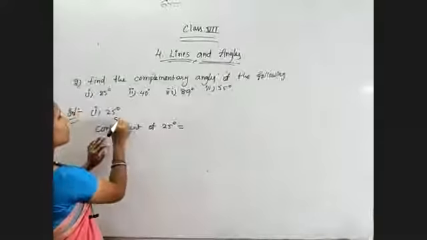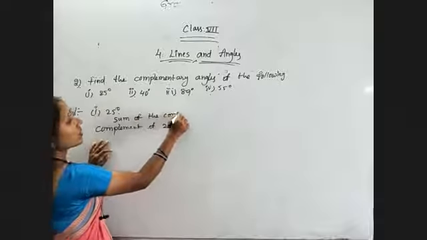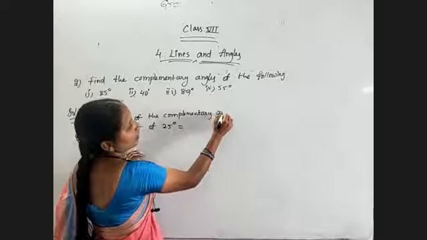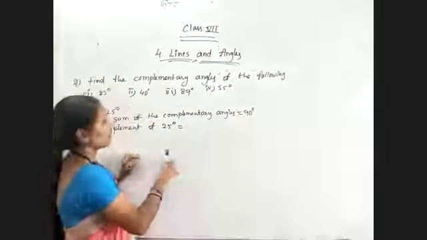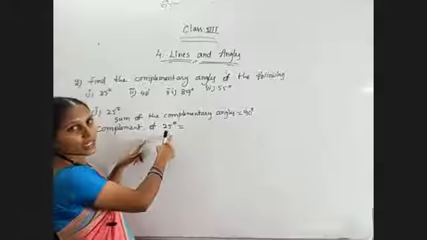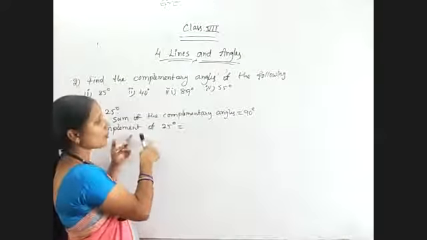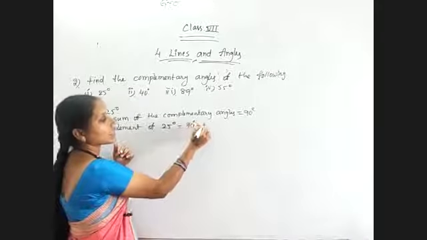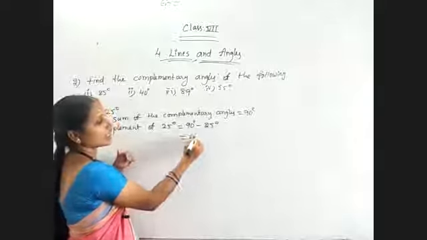You know that the sum of the complementary angles is equal to 90 degrees. Yes or no? The complement of one angle must be equal to 90 minus that angle, that is 90 minus 25, which is 65 degrees.